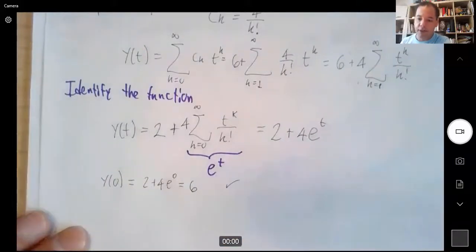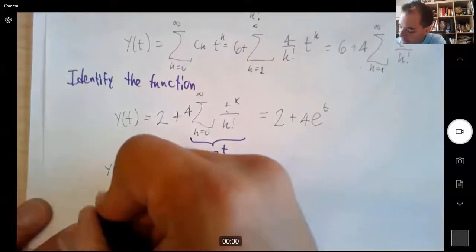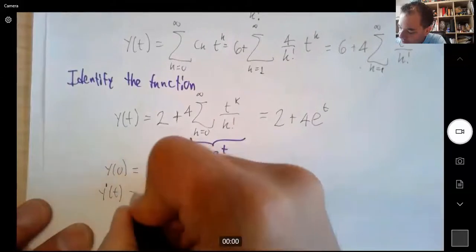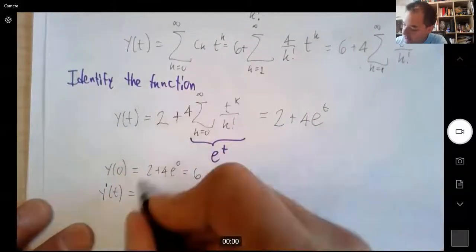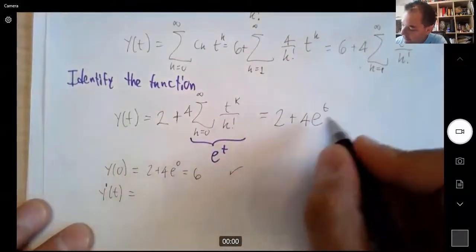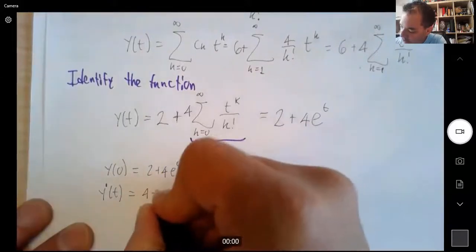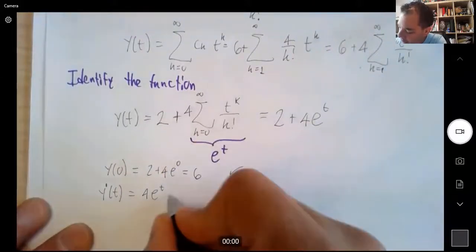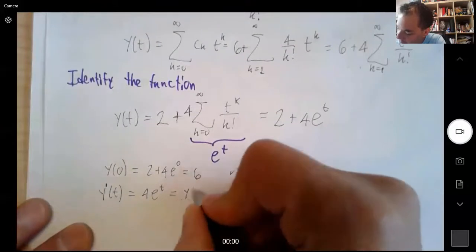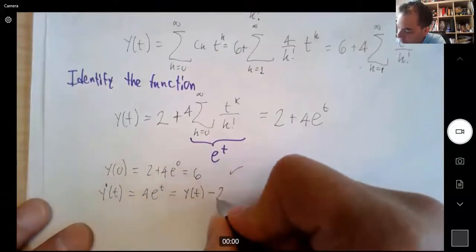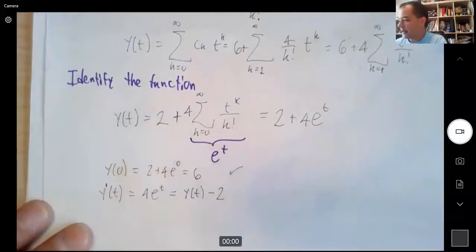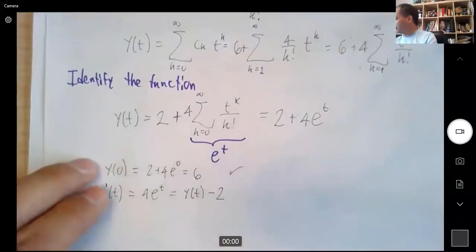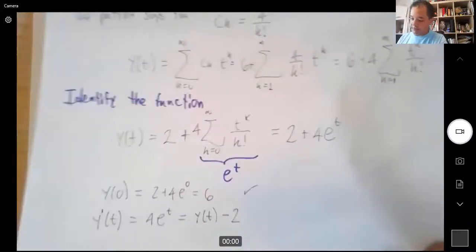So y of 0 is 6. And then what's the derivative? Well, the derivative of 2 is nothing, and the derivative of 4e to the t is 4e to the t. And that happens to be the same as y minus 2, correct?